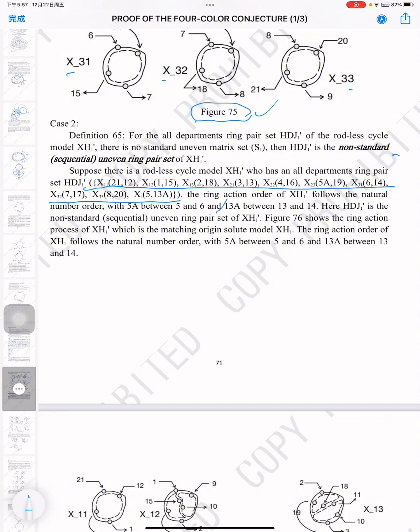Figure 76 shows the ring action process of XH1', which is the matching Rodley model XH1. The ring action order of XH1 follows the natural number order, with 5A between 5 and 6 and 13A between 13 and 14.